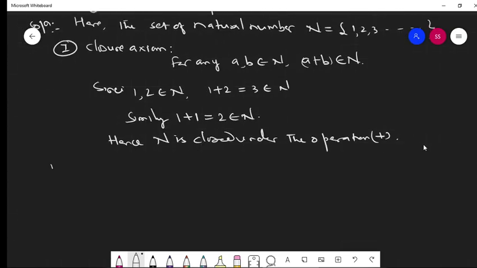Now we have to move to the second condition, the associative axiom.